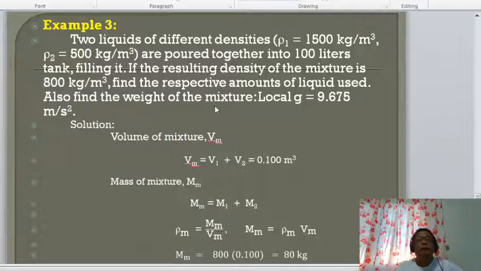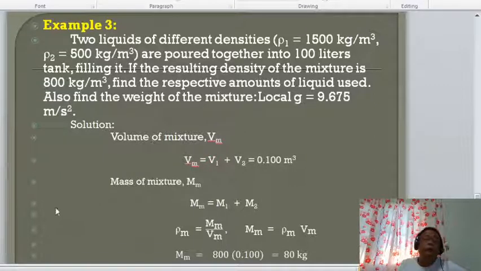In the problem, the total volume is, of course, the summation: volume 1 plus volume 2, which is equal to 100 liters or 0.1 cubic meter. And the total mass is equal to the summation of the masses, mass 1 plus mass 2.